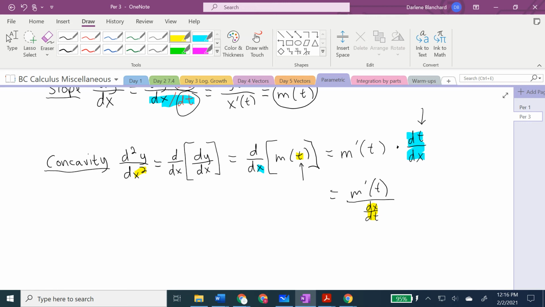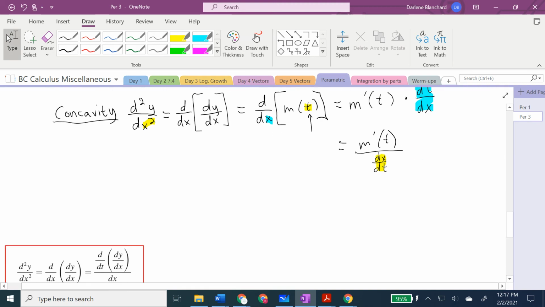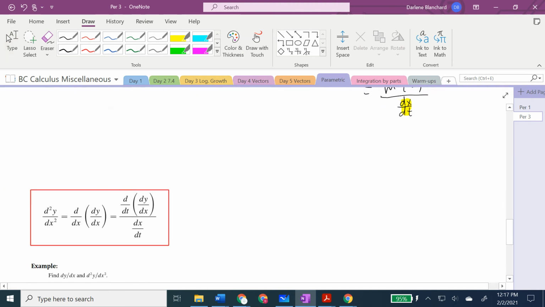That always affects the formula. Since I had to differentiate with respect to x, I had to deal with an extra dx dt. I didn't need to play around with dy dt. It wasn't with respect to. Now, the formula looks like this.